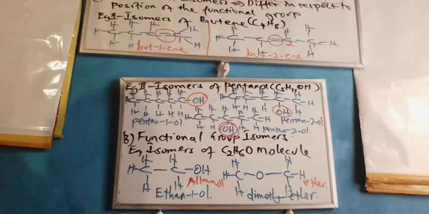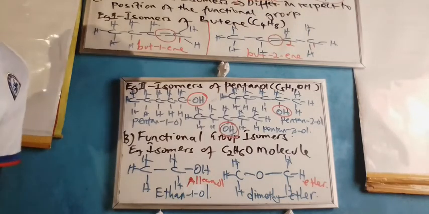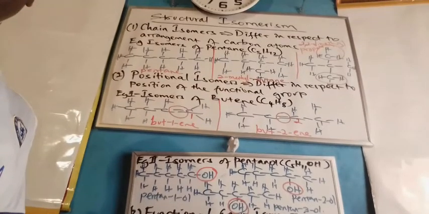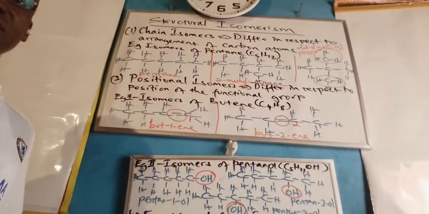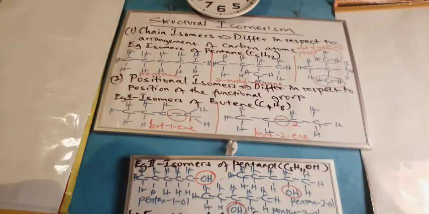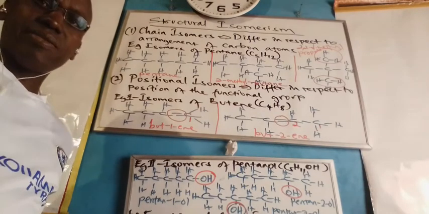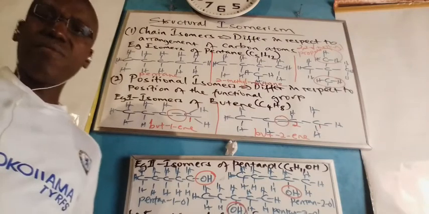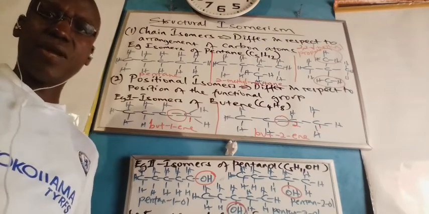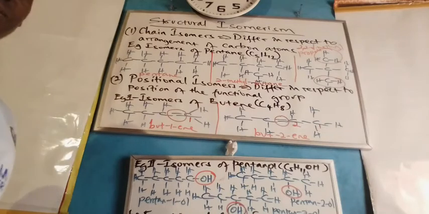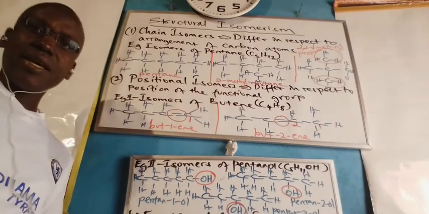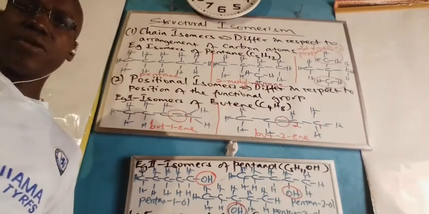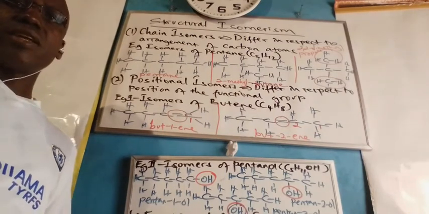We have said that structural isomerism is the existence of different structures of the same molecule which differ in respect to the arrangement of carbon atoms. We have also agreed and said that structural isomerism are of 3 main forms. The first and principal one is the chain isomer, which is the arrangement of carbons in diverse differing positions.